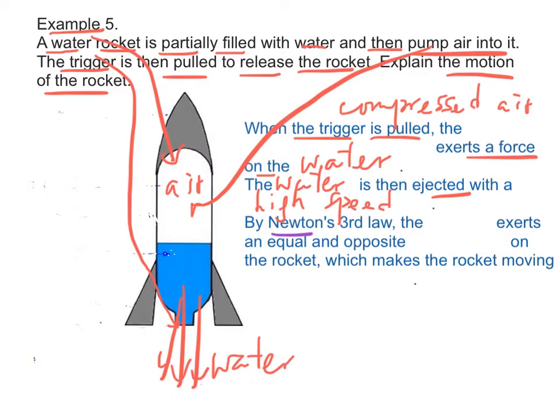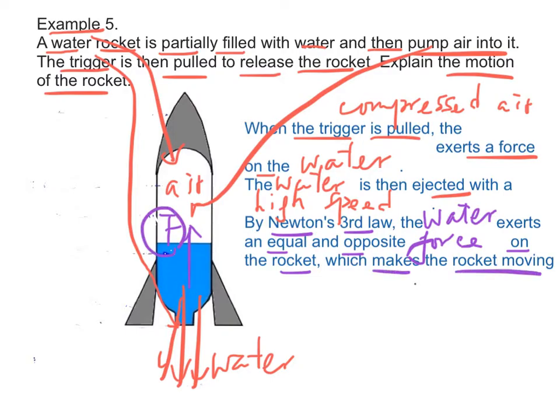By Newton's third law, the water will exert an equal and opposite force on the rocket, which is in the upward direction, and this force will make the rocket move upwards.